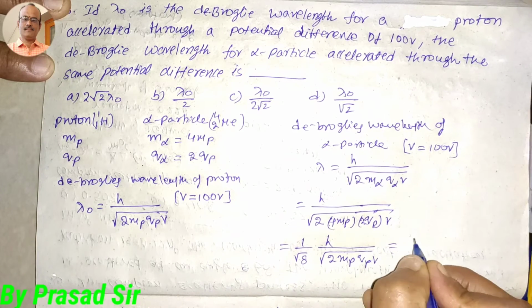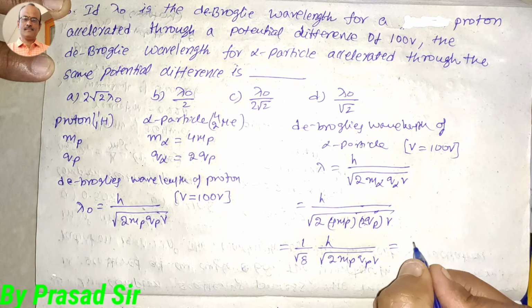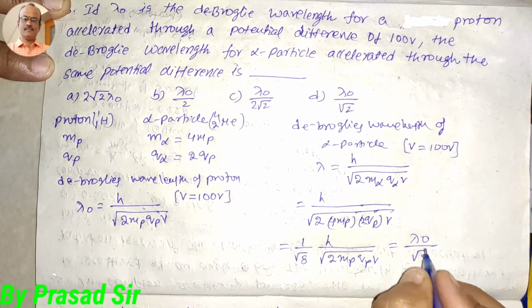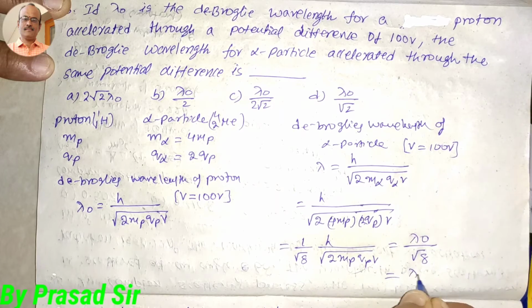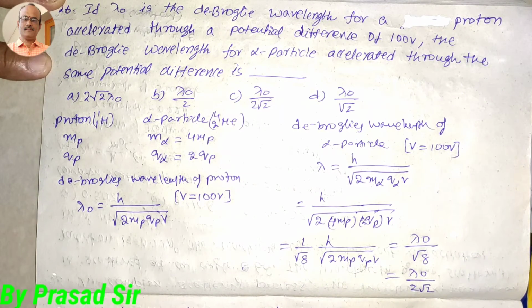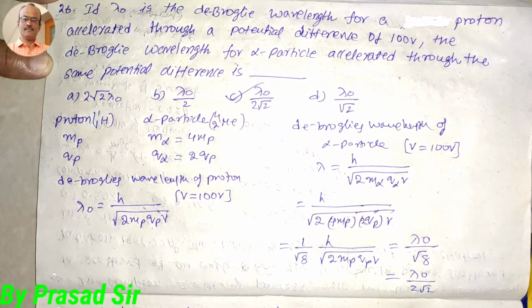So this is completely taken as lambda naught divided by root 8. So lambda naught divided by root 8 can be written as lambda naught by 2 root 2. Which option is correct here? C option is correct.